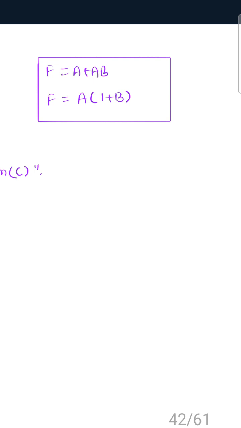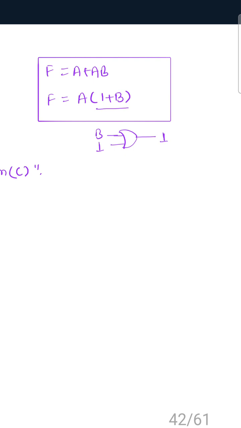Let's make the situation more clear, okay? In this stage, you are supposed to already know all the Boolean laws. One of the Boolean laws, known as absorption law, states that in an OR gate, if one input is any of the variables and another input is 1, then the output is always 1.